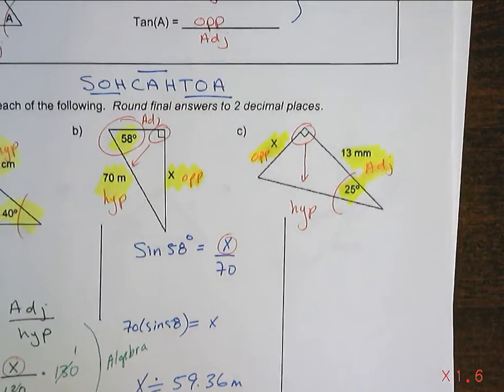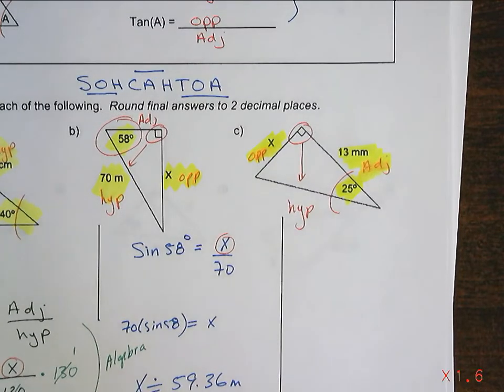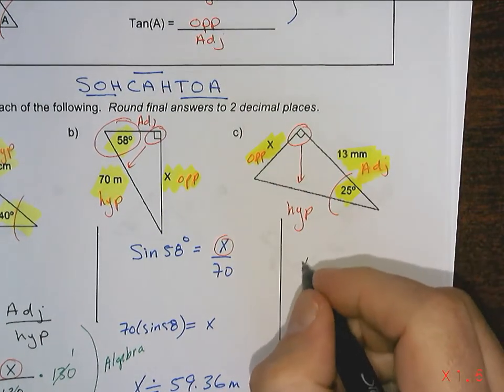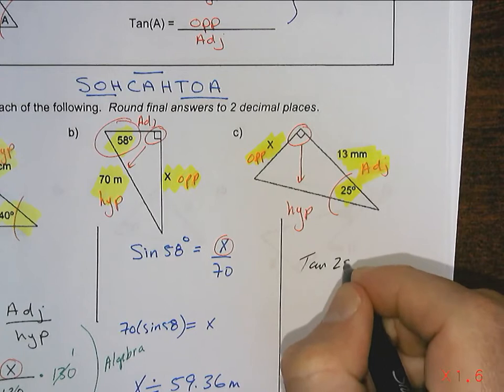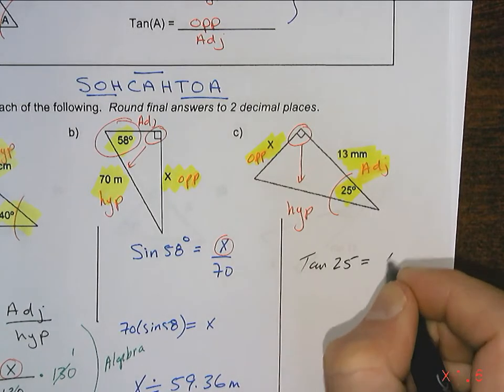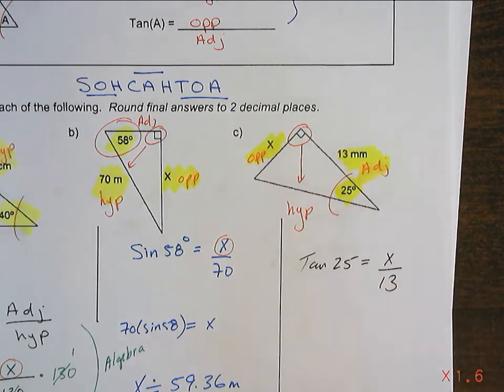I need a trig ratio that works with opposite and adjacent. Someone who hasn't answered me yet from the studio audience. Who's it going to be? Yes? Tan. The man's on a streak. So it's going to be tan 25 equals opposite over adjacent.